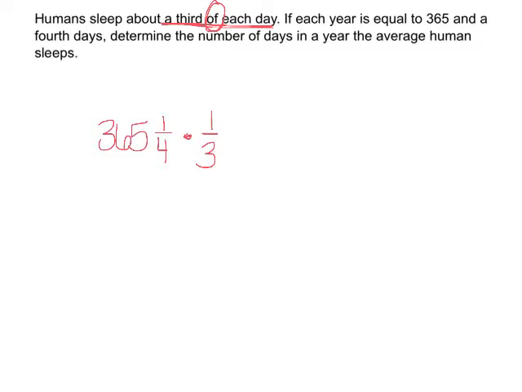So when I multiply, I'm going to get 365 times 4 plus 1, and I'm going to get 1,461 divided by 4.